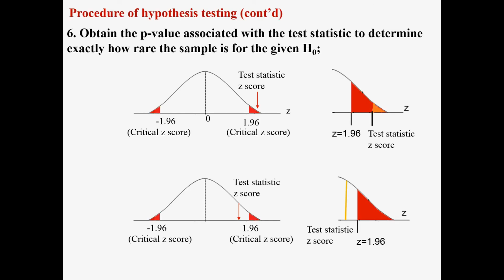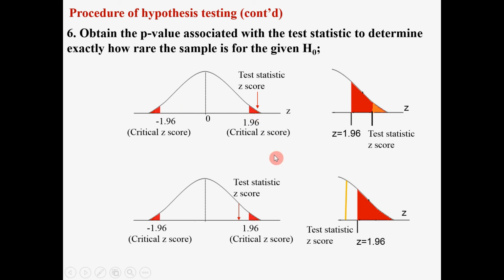Step number 6 is to obtain the p-value that is associated with the test statistics, so that we can determine exactly how rare the sample mean is for the given null hypothesis. Now, from the last steps, we try to determine where exactly the test statistic z-score falls, this corner or this corner or here somewhere in the middle.